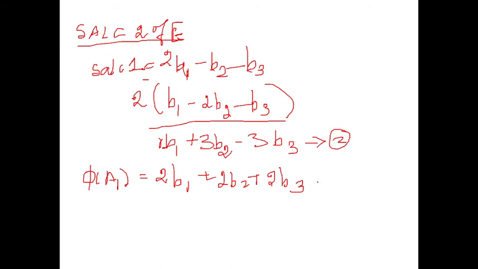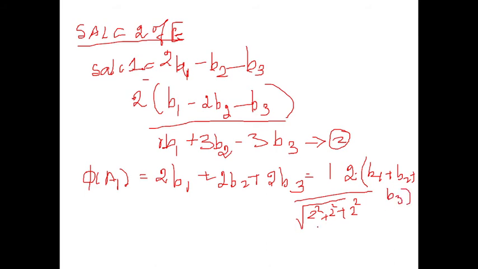So we have to normalize them. How to normalize? 1 divided by square root of 2 squared plus 2 squared plus 2 squared, into 2 into b1 plus b2 plus b3. So this will be 4 plus 4 plus 4, so it is 12. So I can take that as 2 divided by 4 into root, so 4 I am going to take outside.